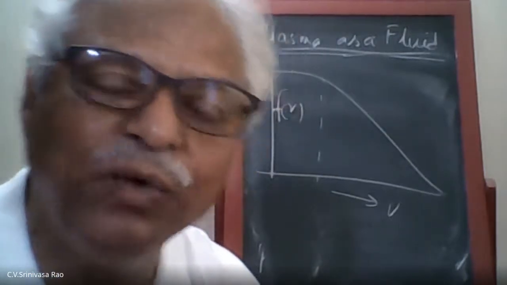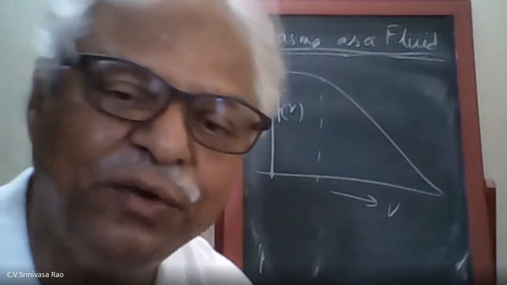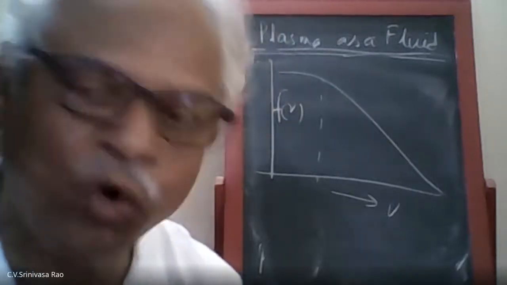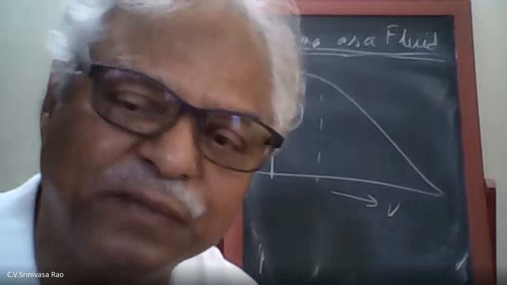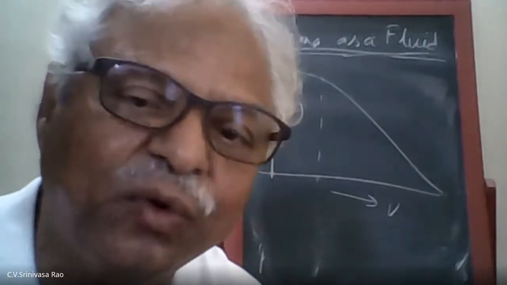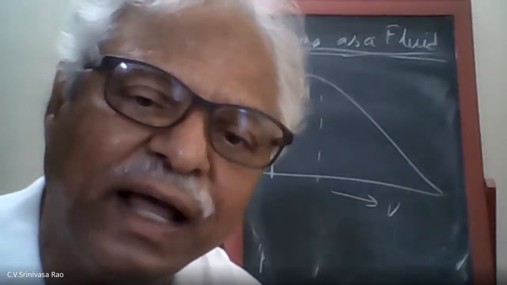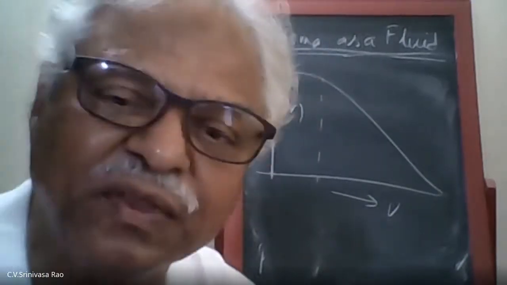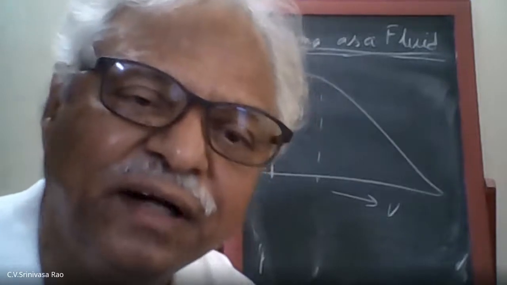So Pratik, I'll do one thing. I'll send you the notes on this plasma as a fluid, so you can circulate them to your other colleagues also. And I'll keep sending you lots of information as time goes on.